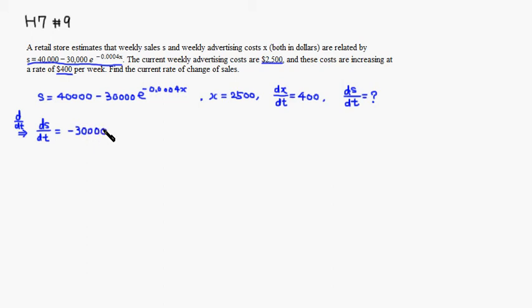Then the derivative of e to the negative 0.0004x is e to the negative 0.0004x, and then you use the chain rule, multiplying by the derivative of the inside, which is negative 0.0004.